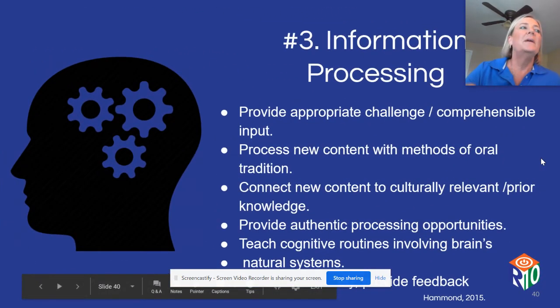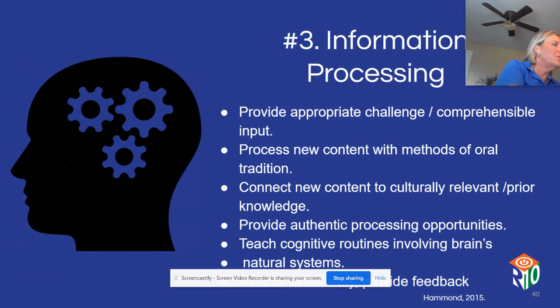Number 3, information processing. How does the brain process information? So we got a lot of information about this today. We have to provide appropriate challenge and comprehensible input. New content needs to be processed with an oral tradition. We talk about styles of learning, and that is a real thing. Different people learn in different ways, so we have to provide multiple modes to the students.